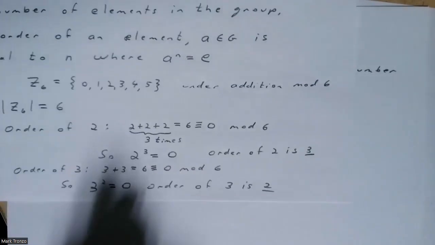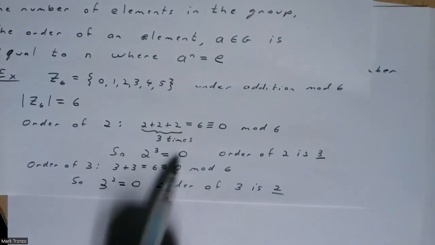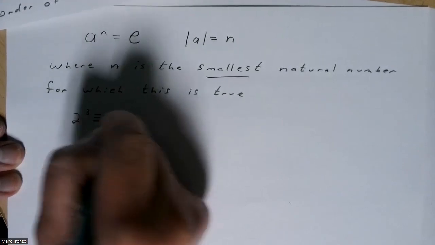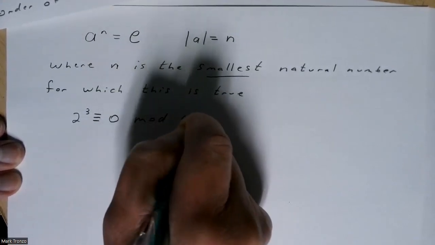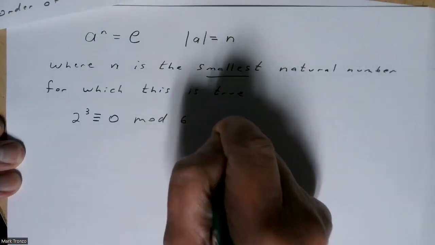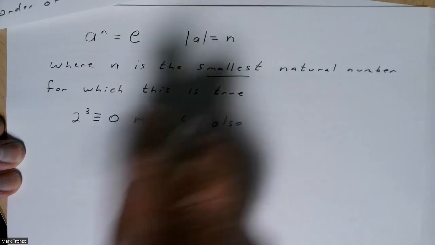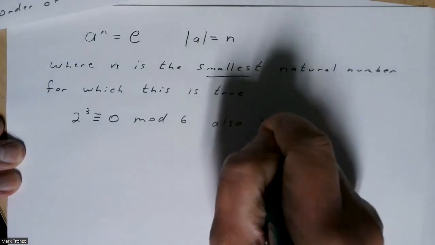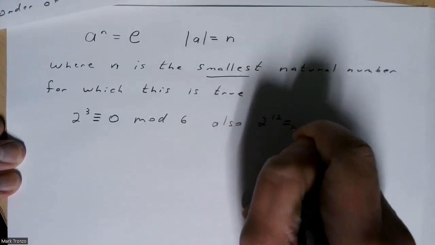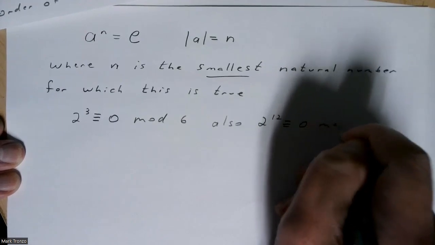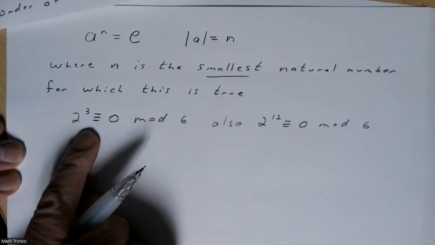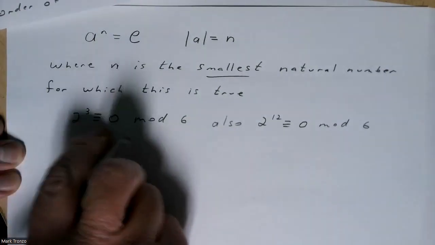For example, here we said that 2 to the 3 was 0 mod 6, but it would also be true for any multiples. If we did it 6 times or 12 times, so 2 to the 12, that's also going to be 0 mod 6. But the order is going to be the smallest natural number that produces the identity.